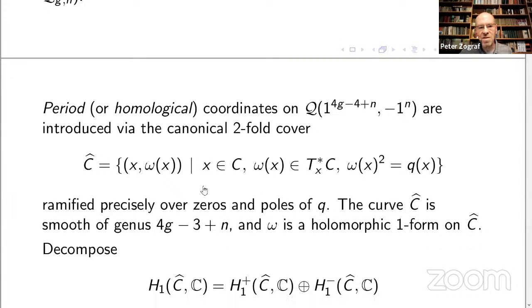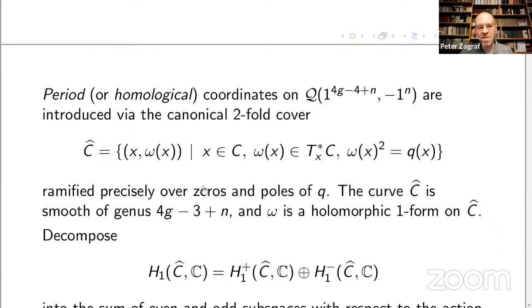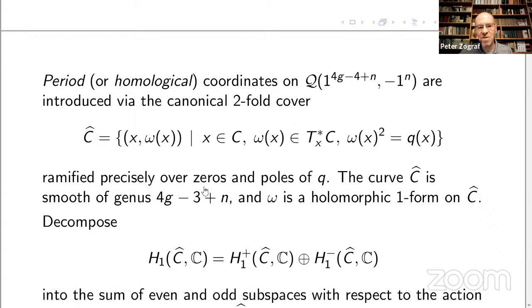This twofold cover is ramified precisely over zeros and poles of Q. Over zeros, omega has double zeros, and it's regular at the inverse images of poles of Q. The curve C hat is smooth of genus 4g minus 3 plus n, and omega is a holomorphic one-form on C hat.